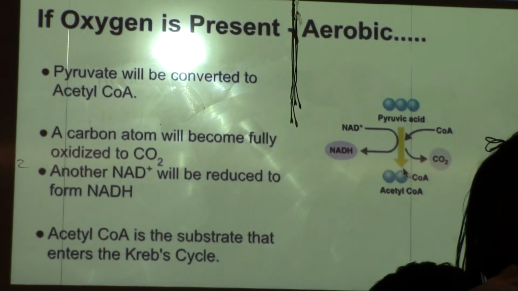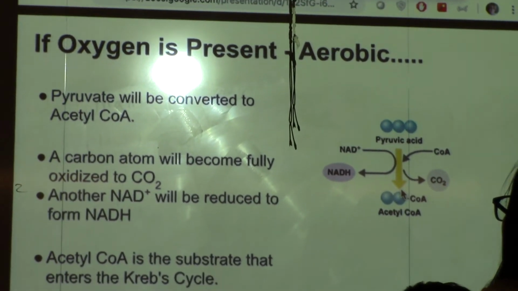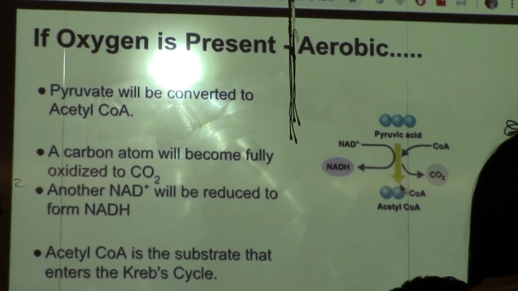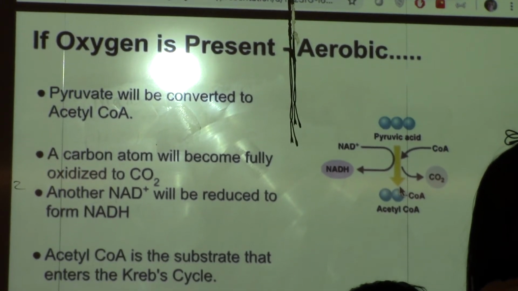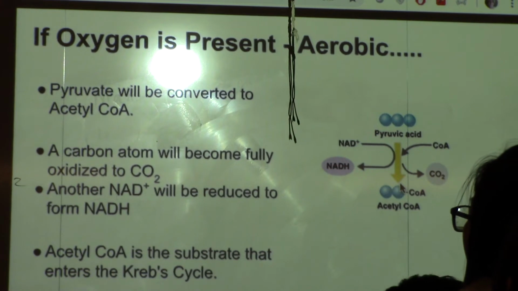This is what I really want you to focus on: these 6 carbons in glucose are ultimately going to all be part of CO2. What do you think?